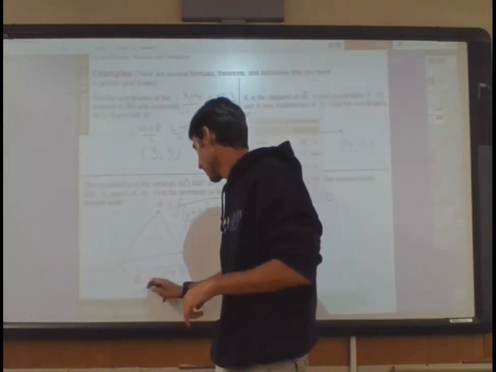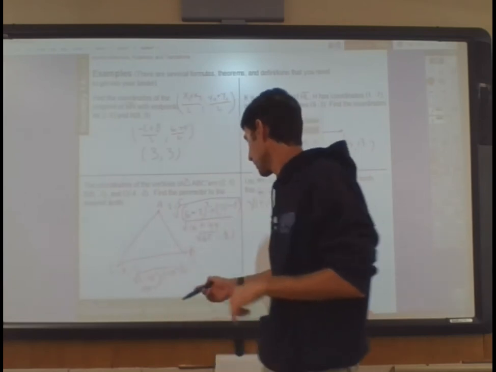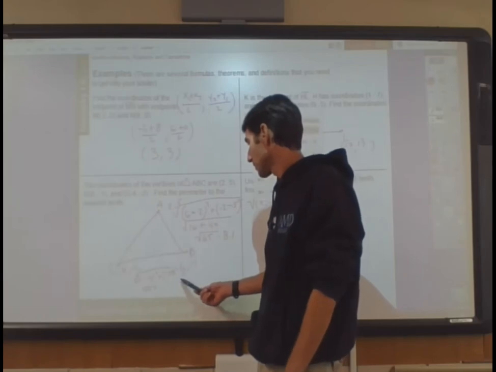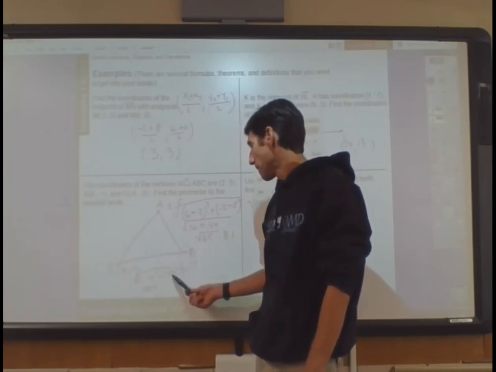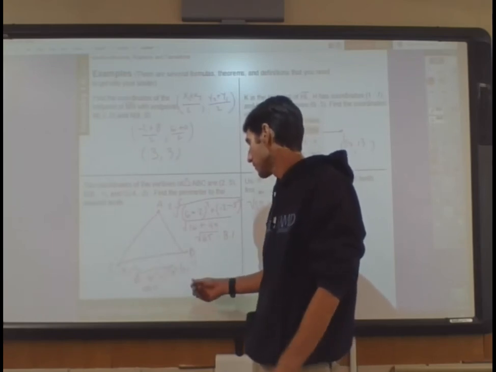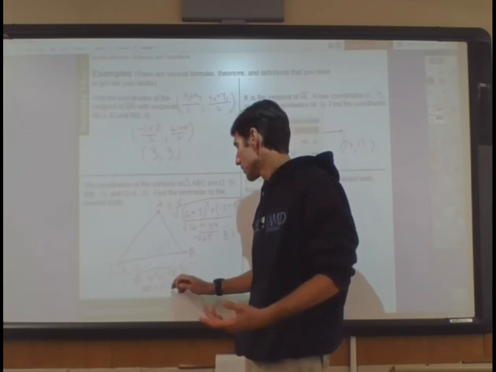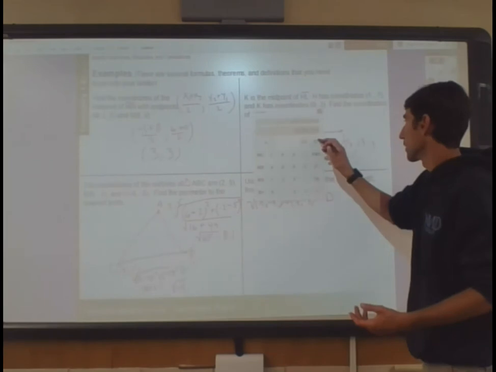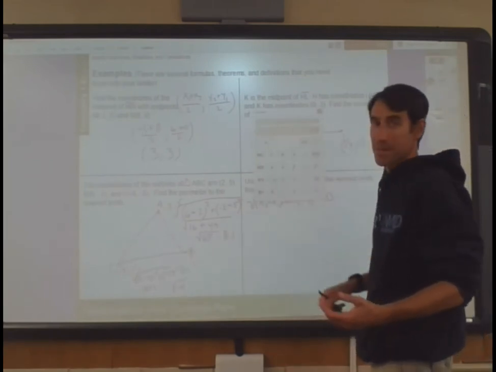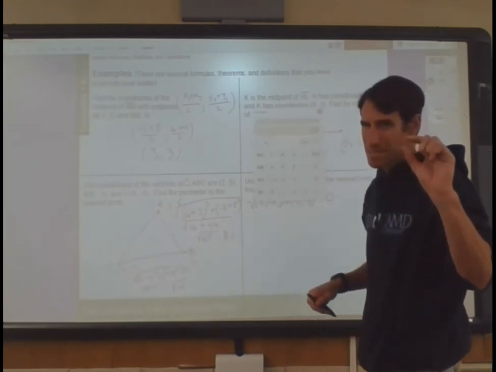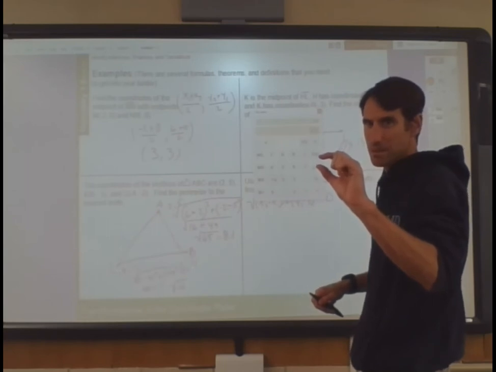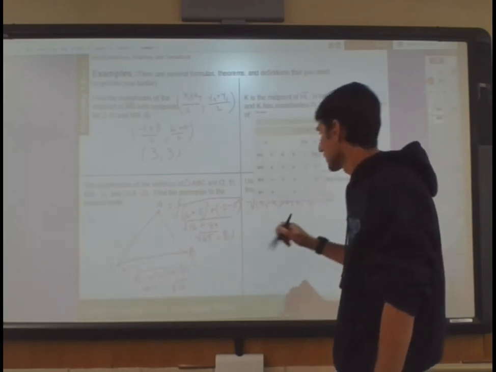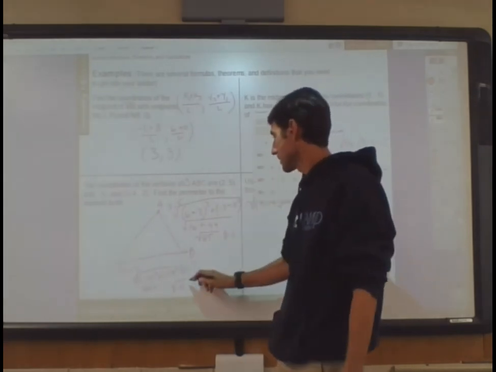So we get 100 plus, and we have something that is not legible whatsoever. Way to go, Mr. Frampton. So we have 1 minus negative 2. 1 minus negative 2 is 3. 3 squared is 9. So this distance is the square root of 109. I don't know that off the top of my head. I'm guessing it's just a teensy bigger than 10. And it is. And if it's to the nearest tenth, it is 10.4.